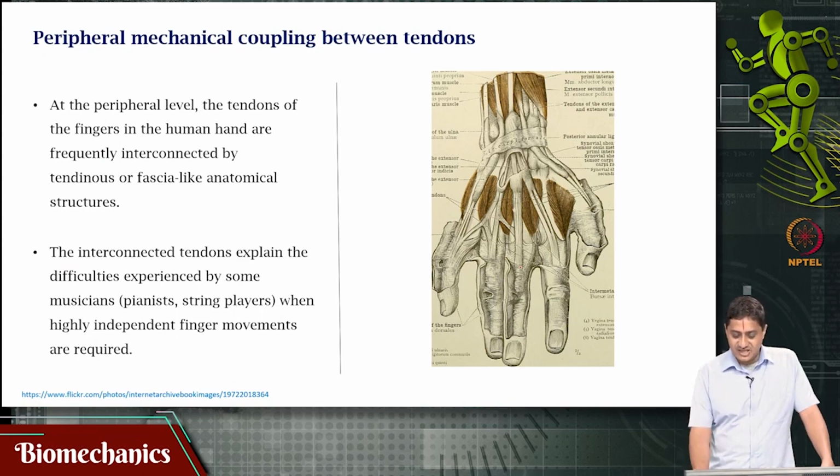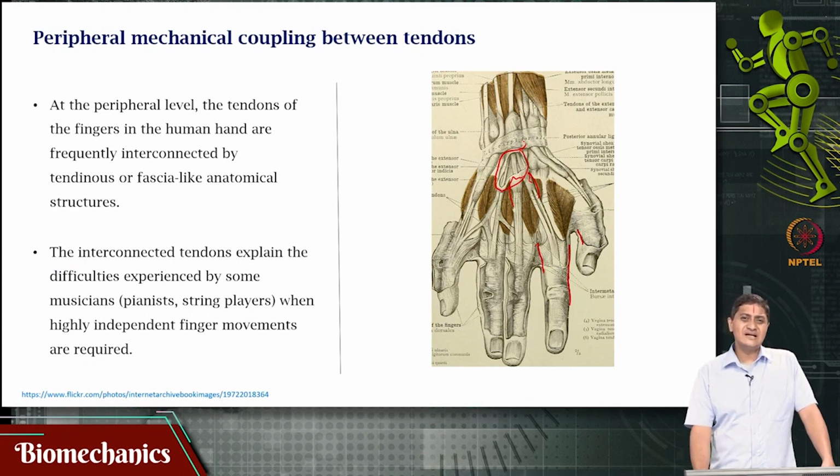Consider these fascia like tissues that are shown in this finger, for example. Here there is always this interconnection that you see here, for example, tendons are interconnected here, they are there everywhere throughout the hand. There is fascia like interconnections that could cause some form of shear or some form of force transmission.